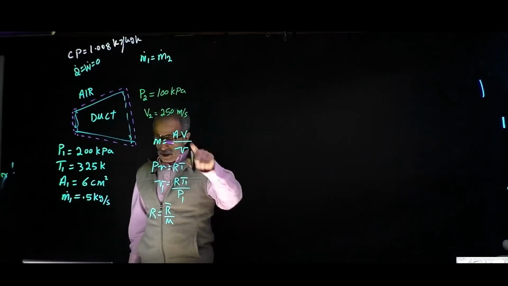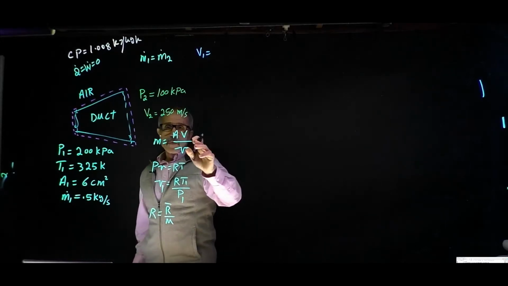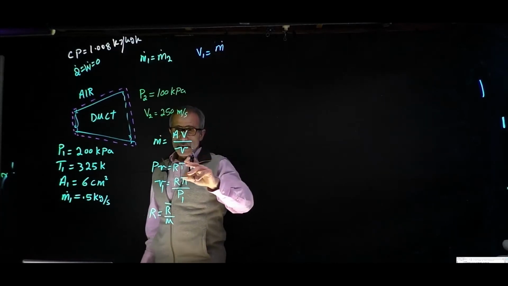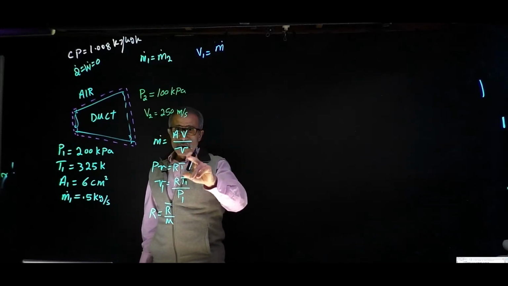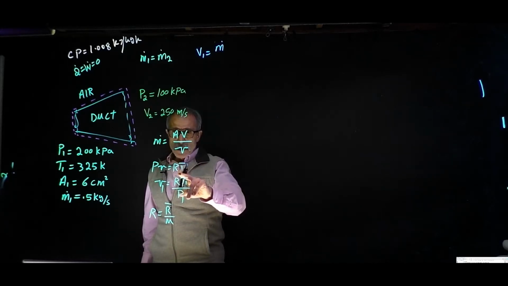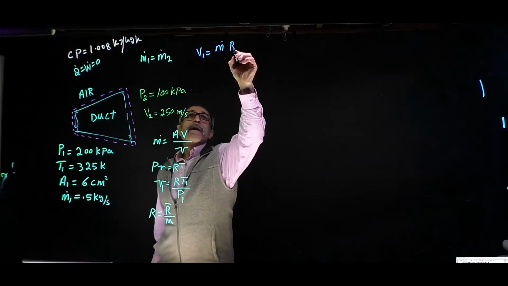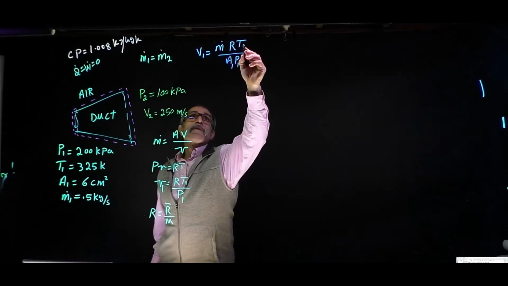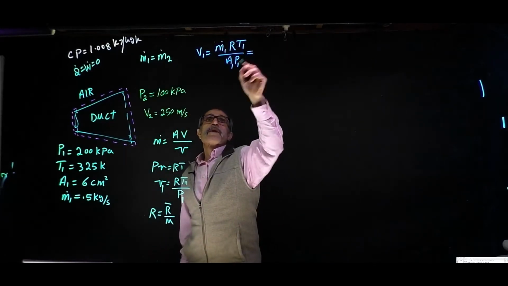Therefore, if I plug all this in, V1 comes out to m dot multiplied by, plugging in for specific volume, RT divided by AP, of course this is going to be 1, 1, 1, and 1. We already have all that information. Let's plug in and see what we come out with.